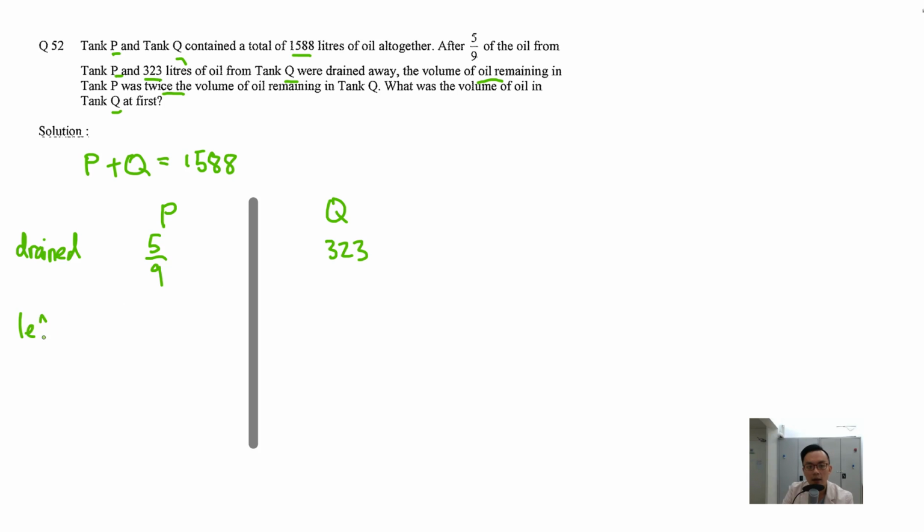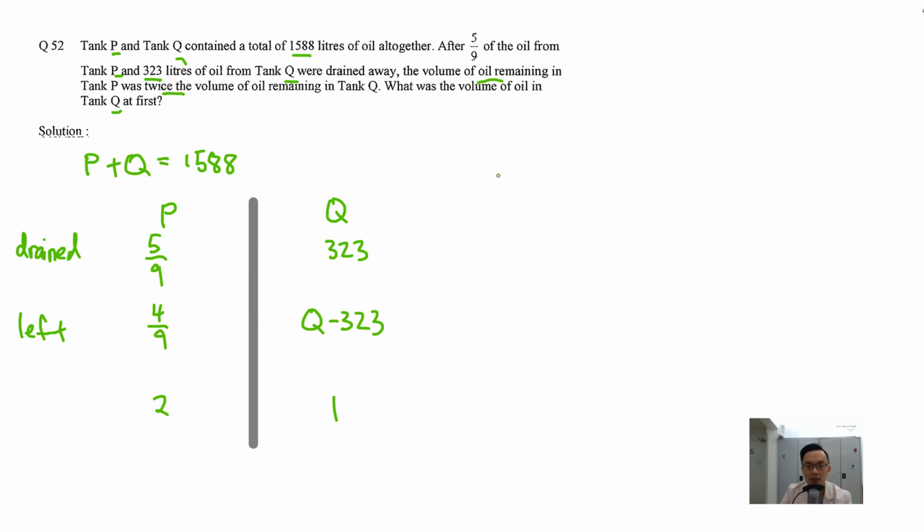And then left is 4/9. And this is Q minus 323. And they told you P was twice the volume of Q. So it's 2:1. All right. So you have all this information. What can we do with it?